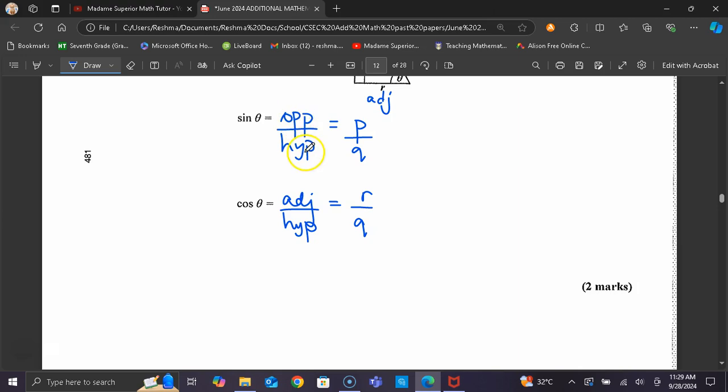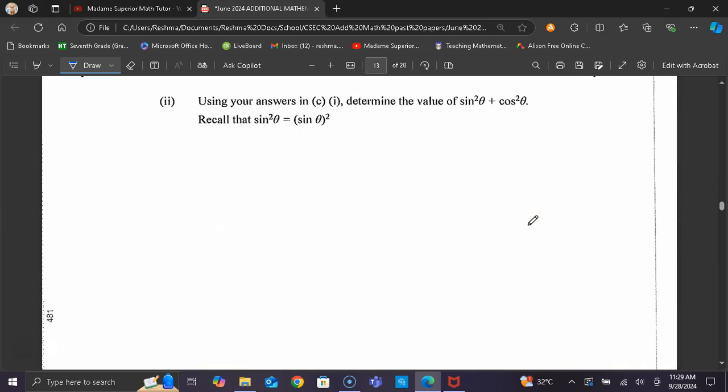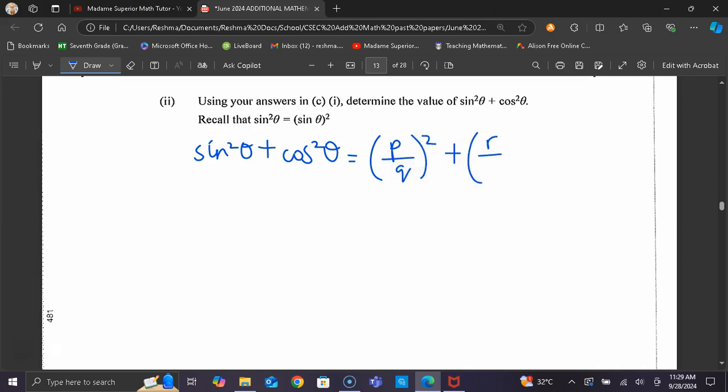So for sine theta squared we will square P over Q, and for cos theta squared we'll square R over Q. Okay, so therefore, sine squared theta plus cos squared theta is equal to (P over Q) squared plus (R over Q) squared.